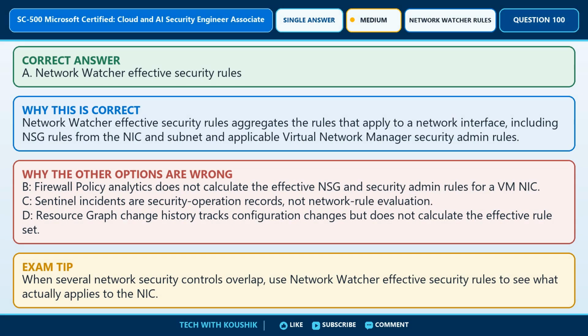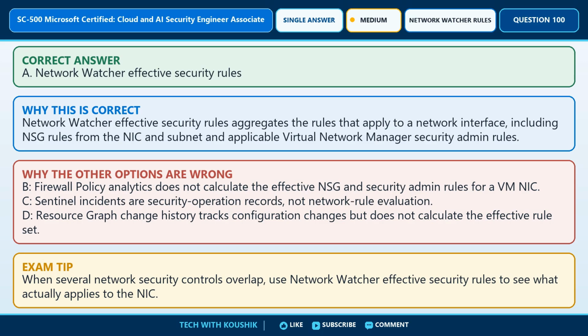The best answer is option A, Network Watcher Effective Security Rules. The key reason is Network Watcher Effective Security Rules aggregates the rules that apply to a network interface, including NSG rules from the NIC and subnet, and applicable Virtual Network Manager security admin rules. The remaining options are incorrect because B, Firewall Policy Analytics does not calculate the effective NSG and security admin rules for a VM NIC.